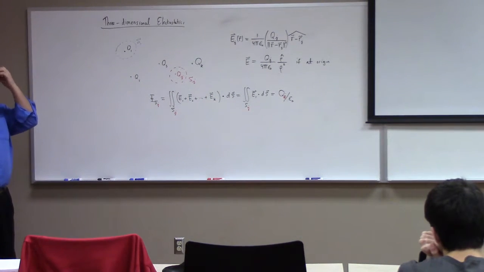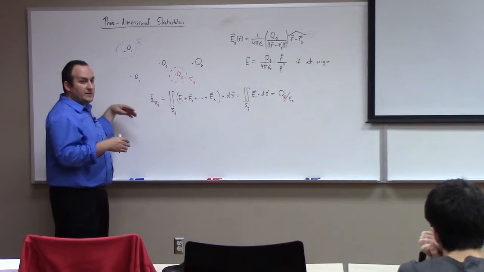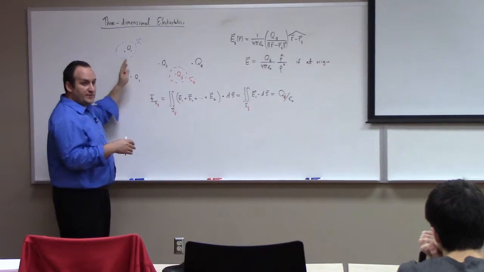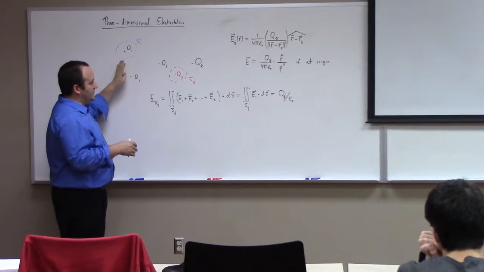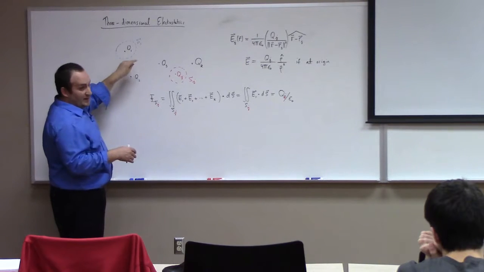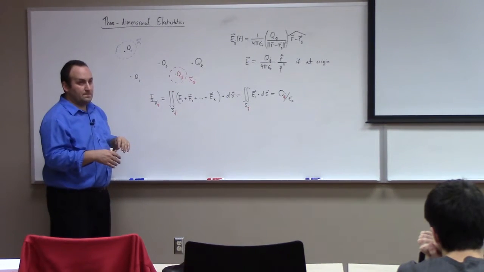I'm also supposing the principle of superposition, that the net electric field is a sum of the electric fields generated from each one of the charges. So we can calculate the flux around a little sphere that contains just one charge: it is the charge divided by epsilon naught.